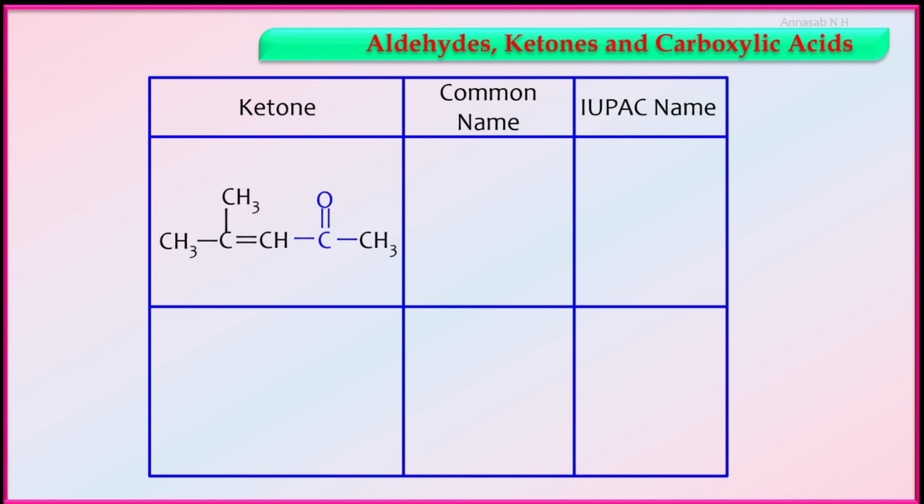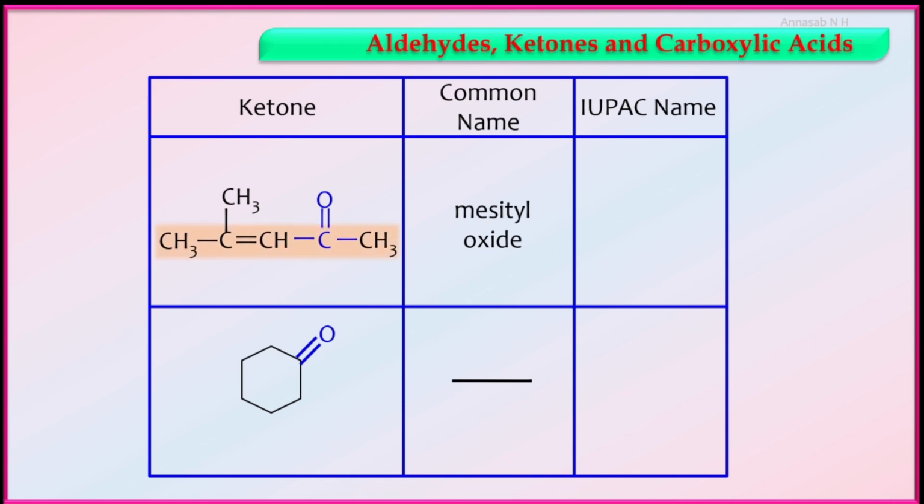CH3 C CH3 double bond CH CO CH3, and a 6-membered alicyclic compound with a C double bond O group directly attached. The common name for the first one is mesityl oxide. For the IUPAC name, we consider the parent chain.